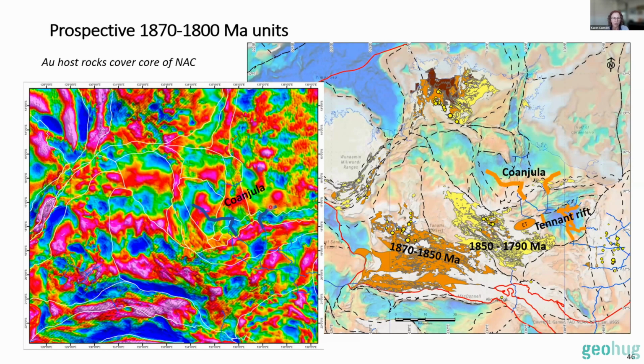And then Lynn Pryor was the one who said, well, maybe that's just showing you the extent of the Coangula package, which is sort of thickest through here, but probably extends through here. So although we've got this mixed sedimentary volcanic package, which will vary a little bit in thickness, it is broadly uniform. So it's providing a blanket that is giving us a masked response to the underlying basement.